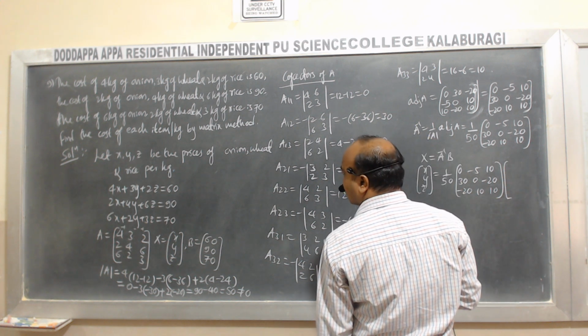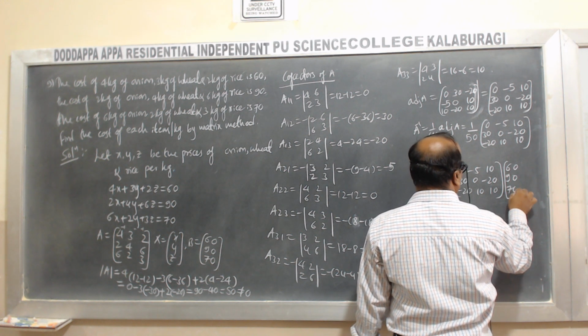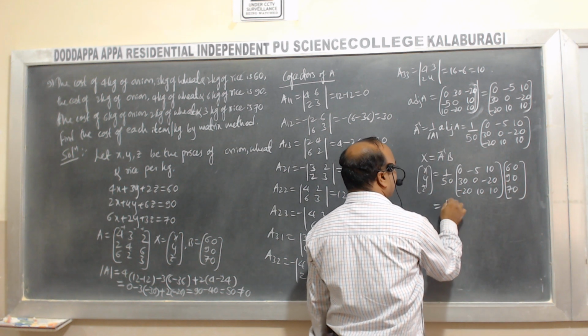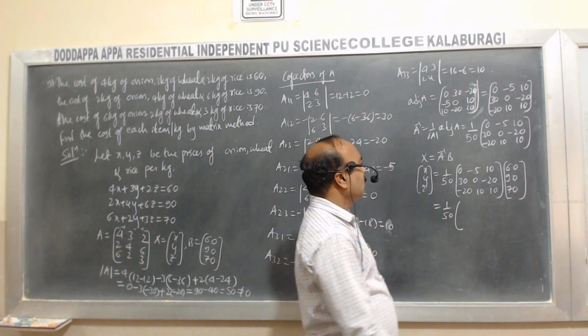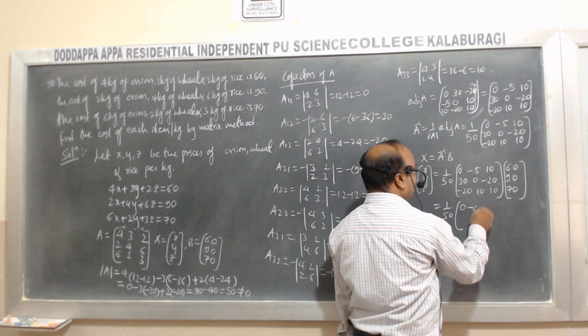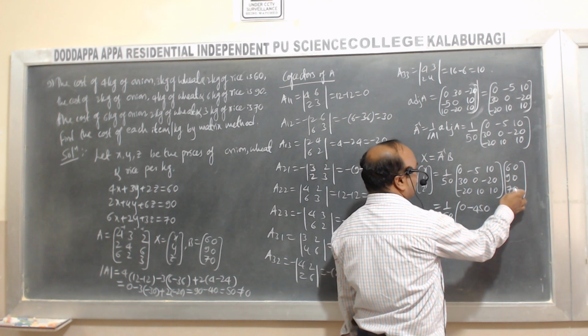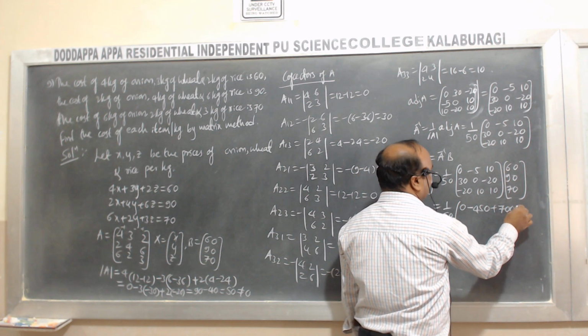matrix is 60, 90, 70. Now we multiply these two. 1 by 50 as it is. First row with first column, it is 0, minus 5 into 90, minus 450, plus 10 into 70, 700.